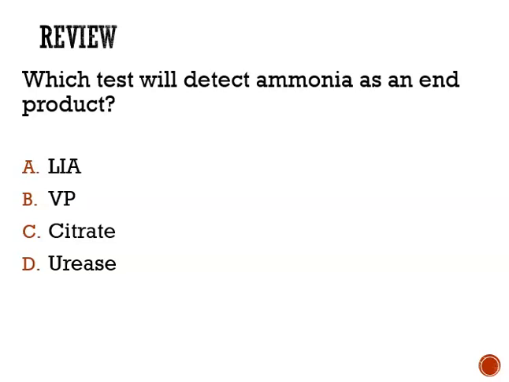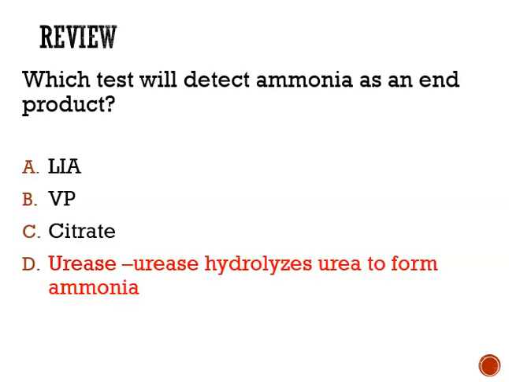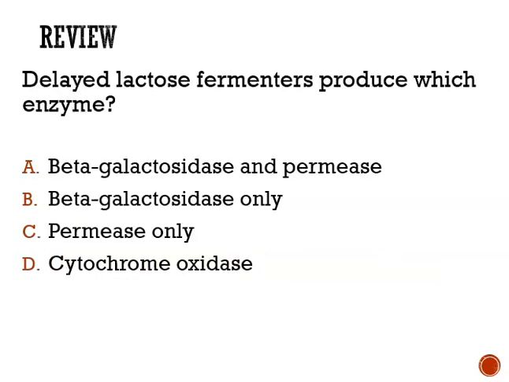Which test detects ammonia as an end product? The urease test, because urease hydrolyzes urea to form ammonia. Delayed lactose fermenters produce which enzyme? Beta-galactosidase only.